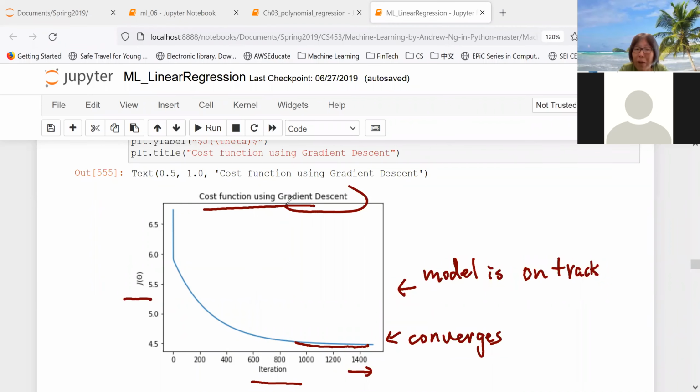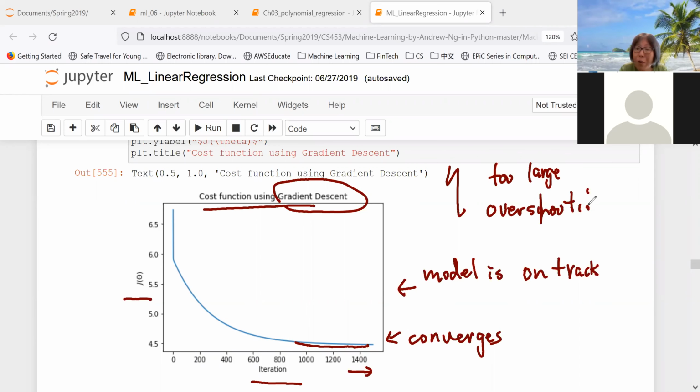Previously we discussed that for gradient descent you need to make sure it's converged. For the learning rate, if it is too large, it's called overshooting. Then the relationship is not going to be like this.